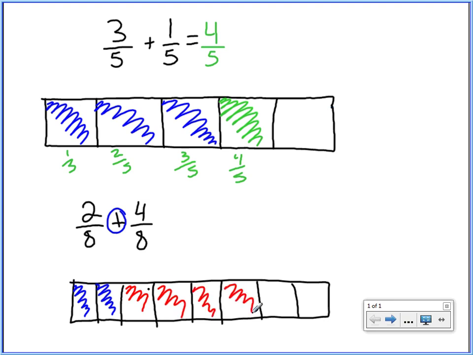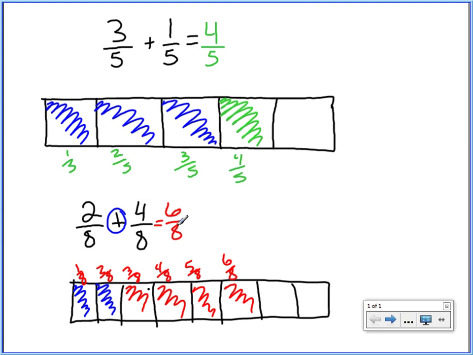Now, I'm going to look at how many eighths I have shaded in. We'll have 1/8, 2/8, 3/8, 4/8, 5/8, 6/8. Now, I didn't do it with my first one because I was just showing you how to add them.